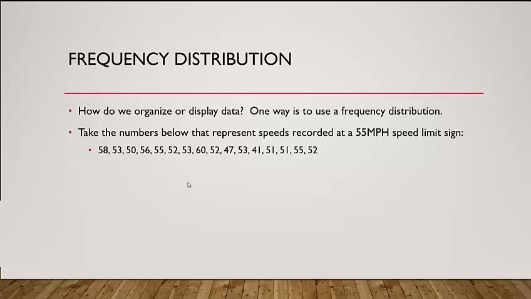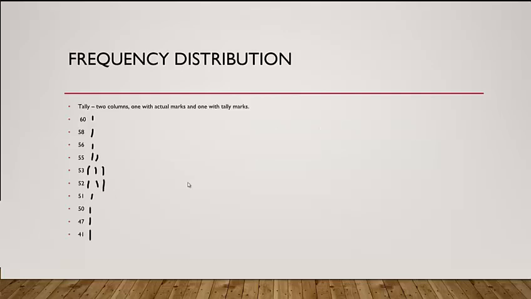So frequency distribution gives us a better idea of what we have here. You can see the speeds 58, 53, 50, 56, all the way down to 41, all the way up to 60. One way that we can do a frequency distribution is simply a tally. We put our individual speeds here and then put some tally marks out to the side.